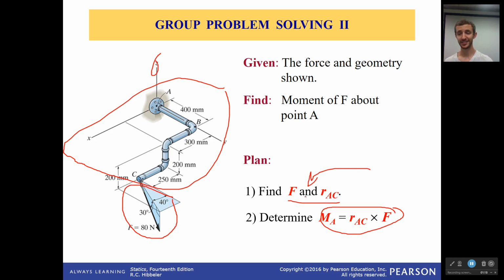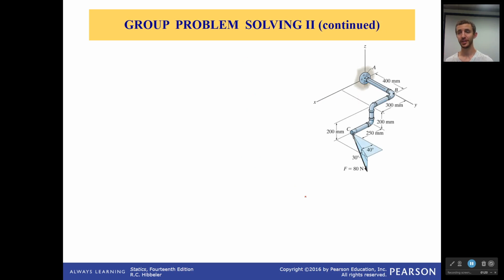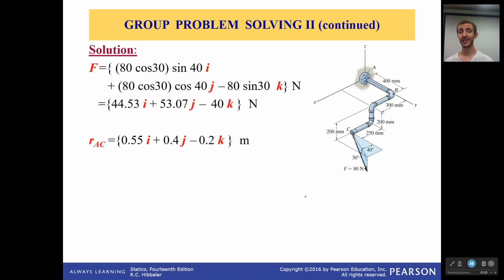Let's actually look at this and see how it looks. So first off, we've got to get those position vectors and the force vectors. Now, this problem gets done like lightning when we're doing a PowerPoint, so let's take some time and actually think about it. First off, this is in meters, so that's why the numbers have changed from 400s to 0.55. And let's look at it. We see it goes 400 millimeters in the x direction, okay?